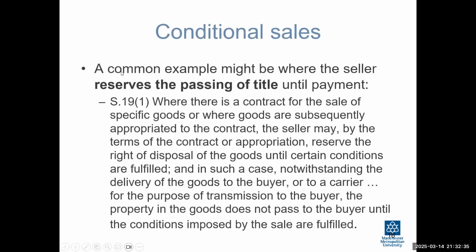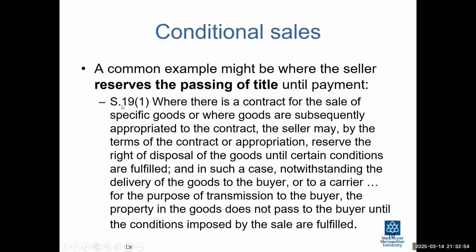If it's a conditional sale, a common example might be where the seller reserves the passing of title until payment. So this could go contrary to that. But that is a condition, isn't it? So if he reserves the passing of title, that is a conditional contract. Rule 1 doesn't apply.